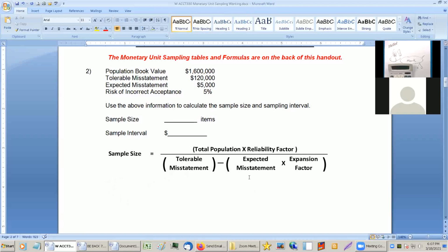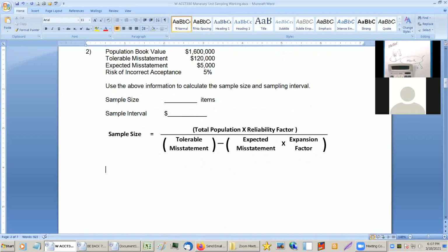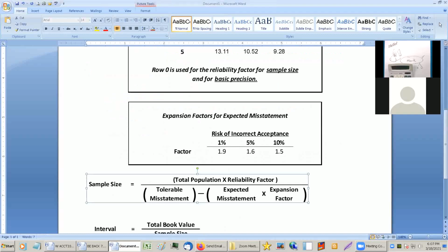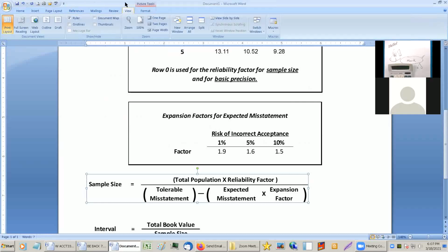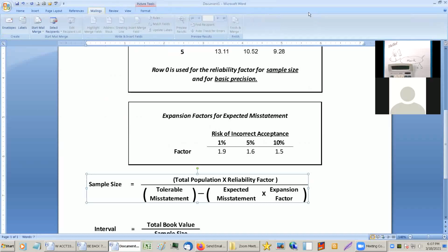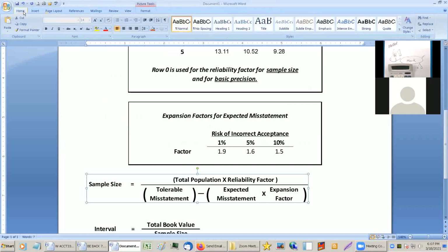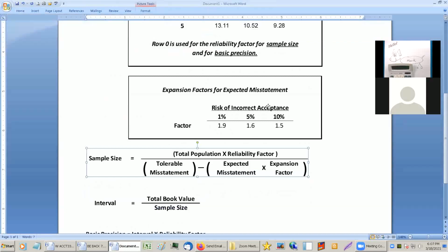So we need to find some things here to get our table. Let me pull this one up. Every time I do this, I forget how I did it, but I want to hide the ribbon. Minimize the ribbon. There we go.